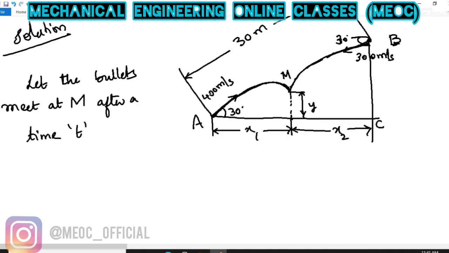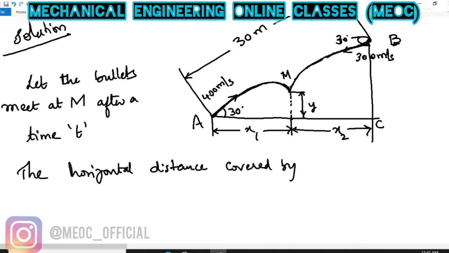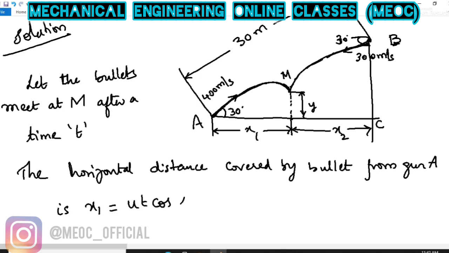The horizontal distance that is covered by bullet from gun A is x1 that can be given as u t cos alpha. u is the initial velocity, which here is 400.